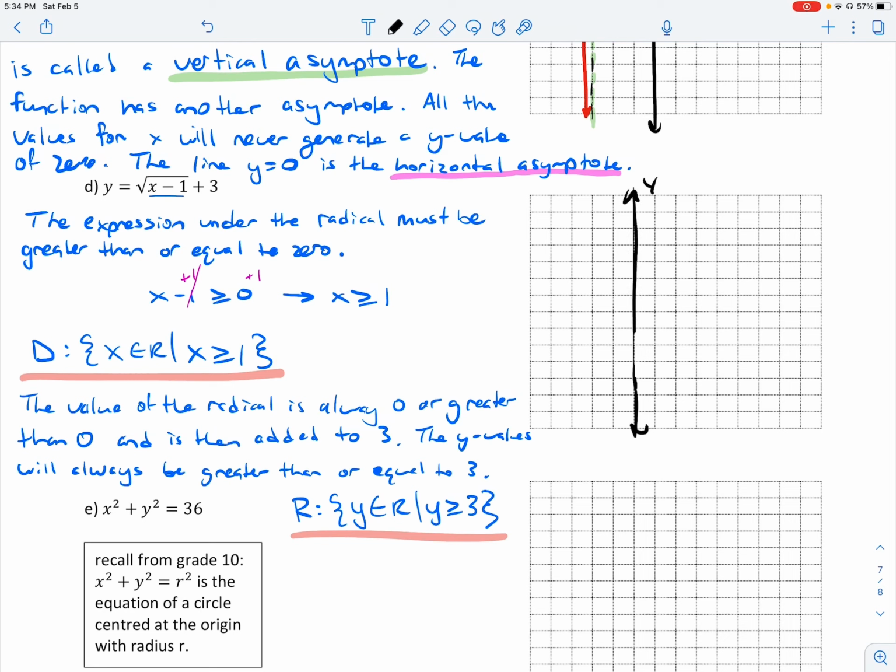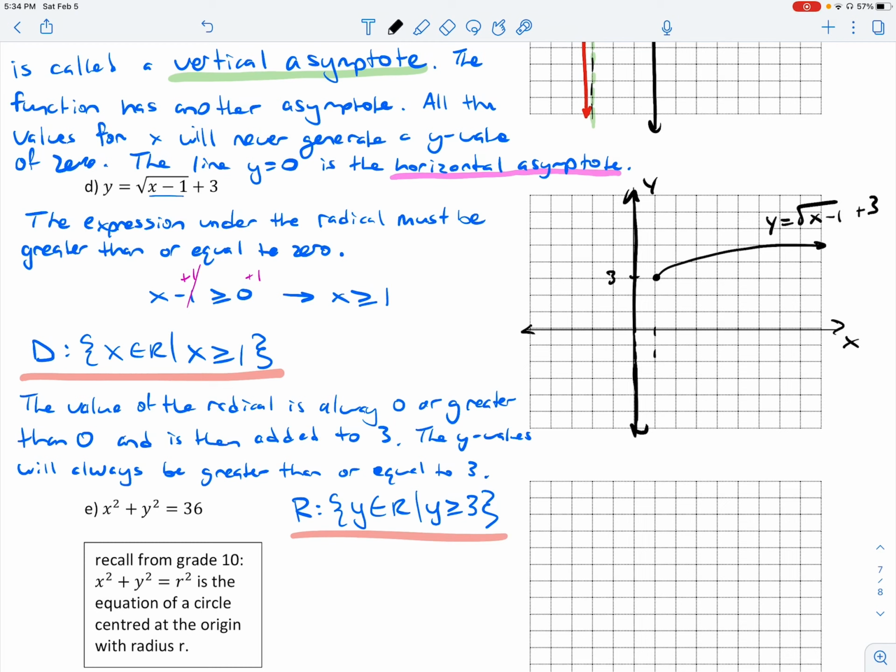So there's my y-axis, and then my x-axis here. So 1, 3 would be right here, right? That's 1, and this is 3. And then this curve goes through like that. I'm just going to label it y equals square root x minus 1 plus 3.